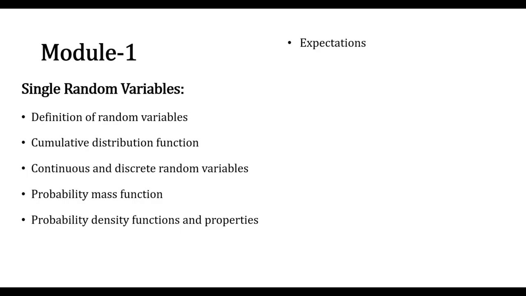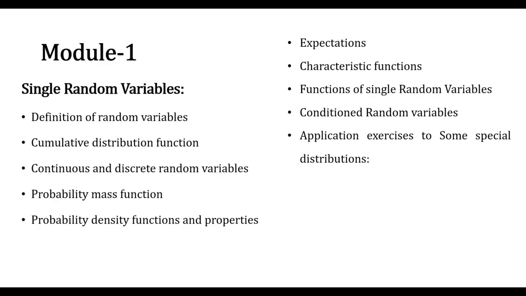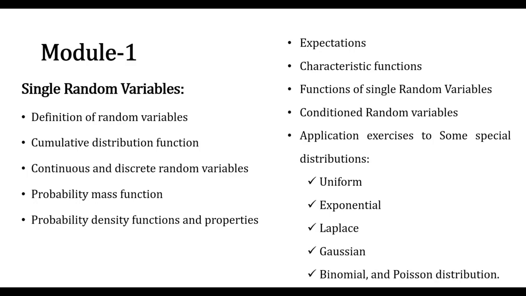After the completion of this, we will go for expectations, then characteristic functions, functions of a single random variable, then the important concept called conditional random variables. Then all these things are studied with respect to the following applications: uniform, exponential, Laplace, Gaussian, binomial, and Poisson distributions.